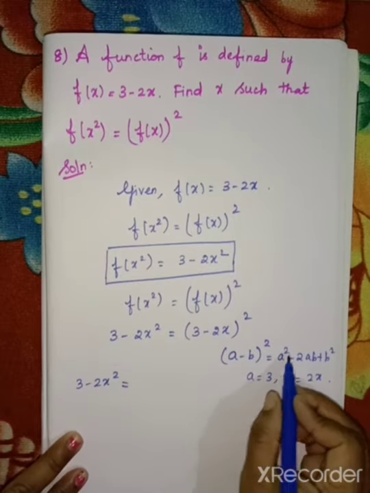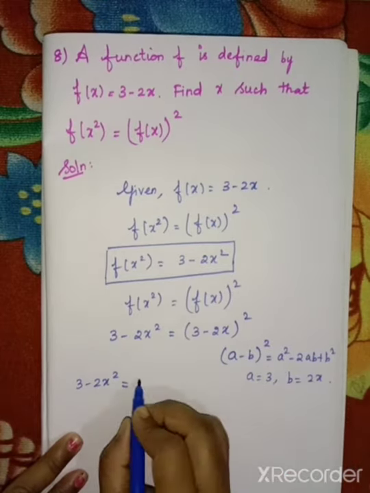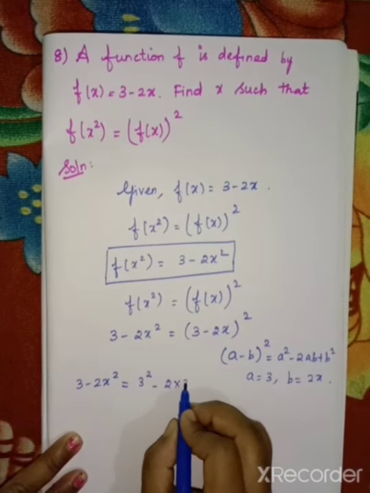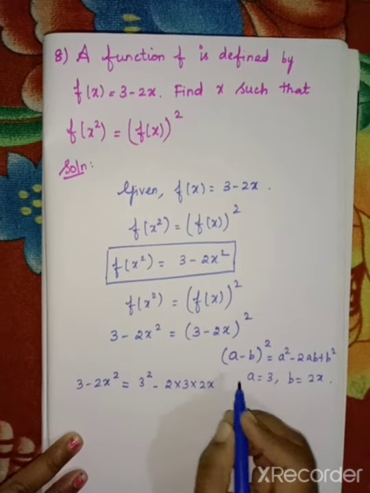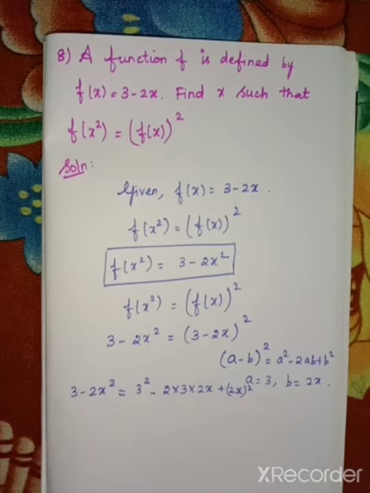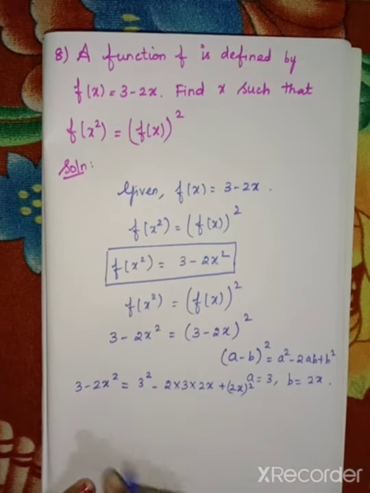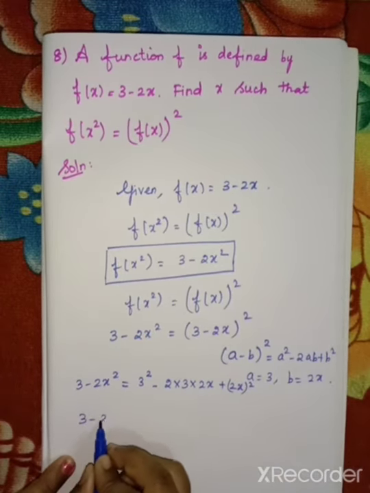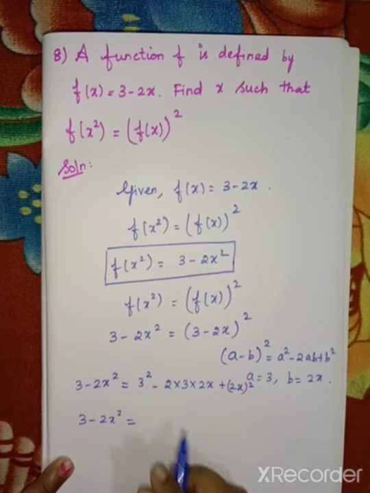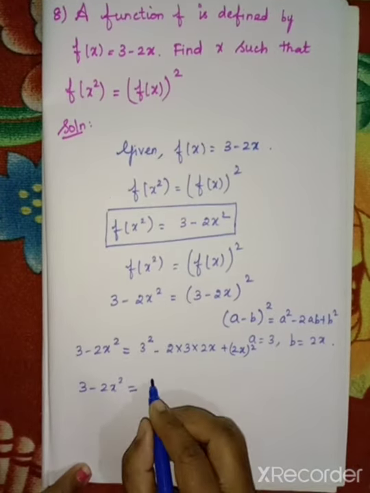So here a squared, so a means 3, so 3 squared minus 2 into 3 into 2x plus 2x the whole squared. Now just to simplify it, so 3 minus 2x squared equal to 3 squared means 3 into 3, that is 9.